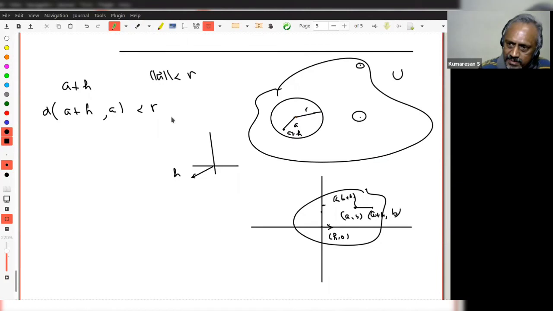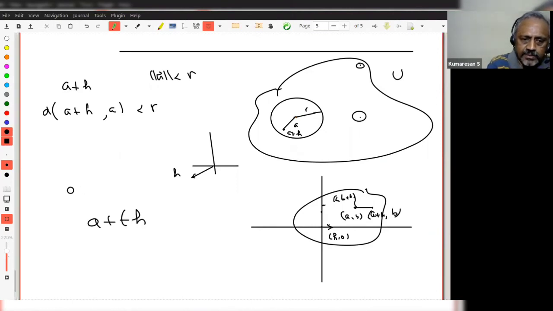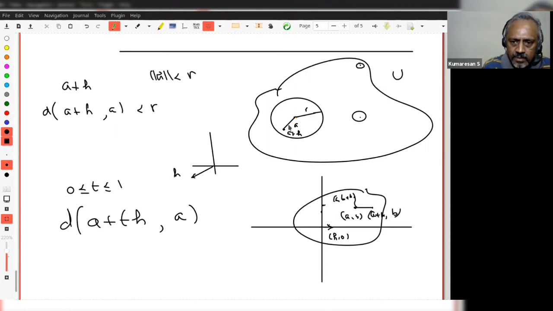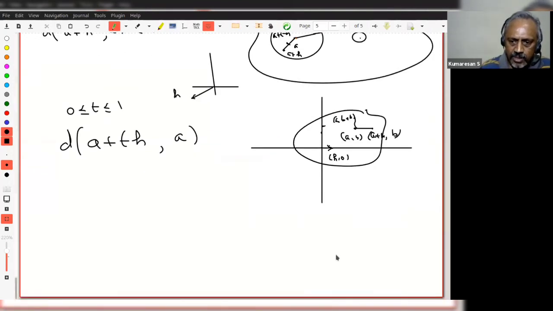Do you understand this? Now let's look at A plus T times H, for 0 less than or equal to T less than or equal to 1. What is the distance between this and A? I claim this point A plus TH is here. So I will magnify the picture so that all of you can see. This is my A. This is my A plus H. This is my A plus TH, where T lies between 0 and 1.